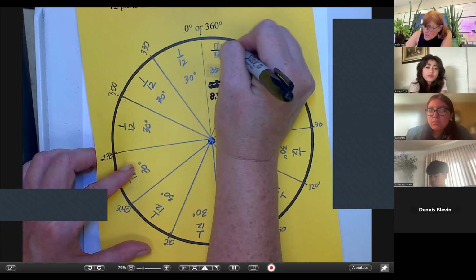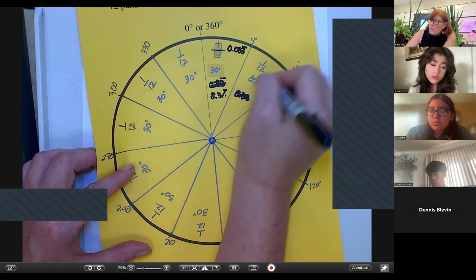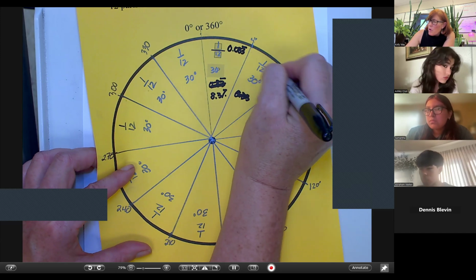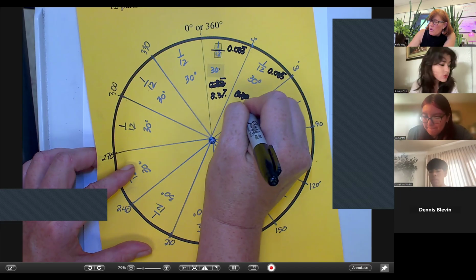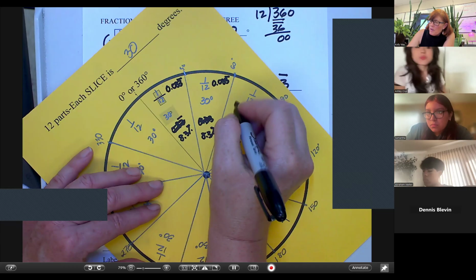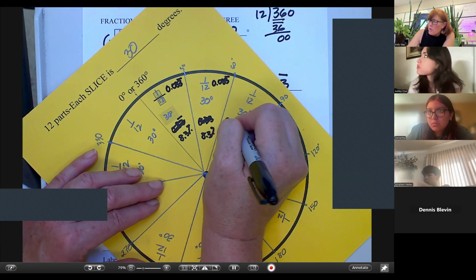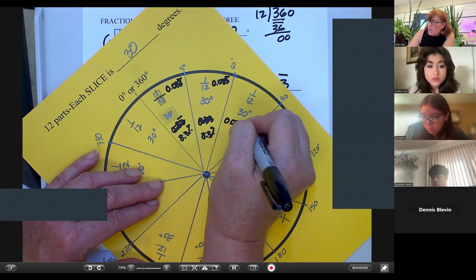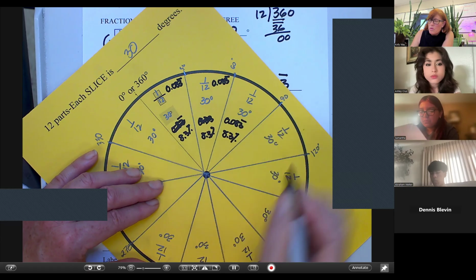It's 0.083 repeating, and 8.3%. Write it one more time. You want to put this on every single one of your fraction circles. 0.083 repeating. There's a decimal right there, or 8.3%.